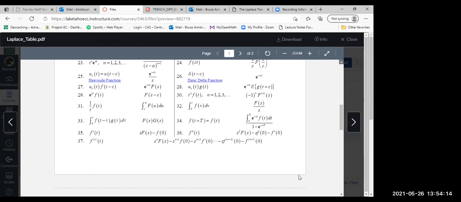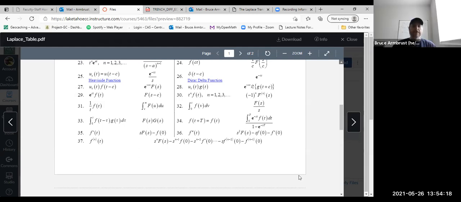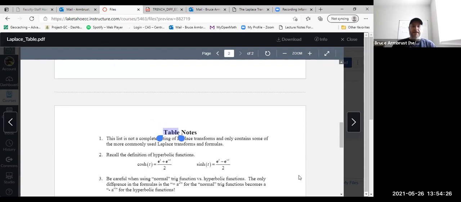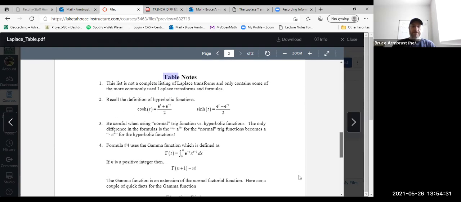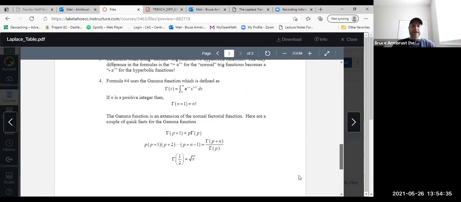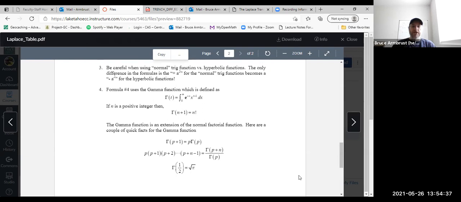Also notice, there's a formula for the derivative, a formula for the second derivative, and a formula for higher order derivatives. Those we'll actually calculate. There are just a couple of notes here to remind you of some of the things that can come about. Another interesting one is the gamma function. If n is an integer, it is a factorial.